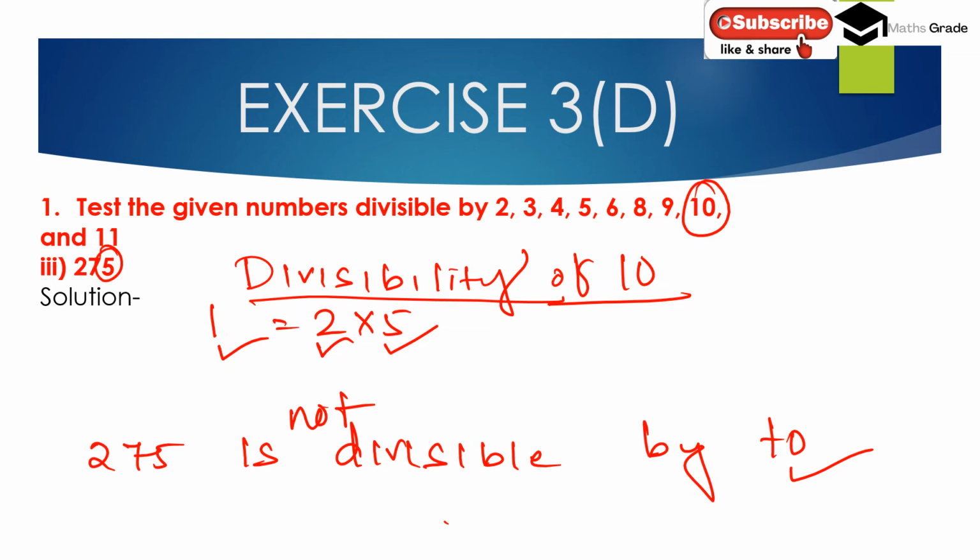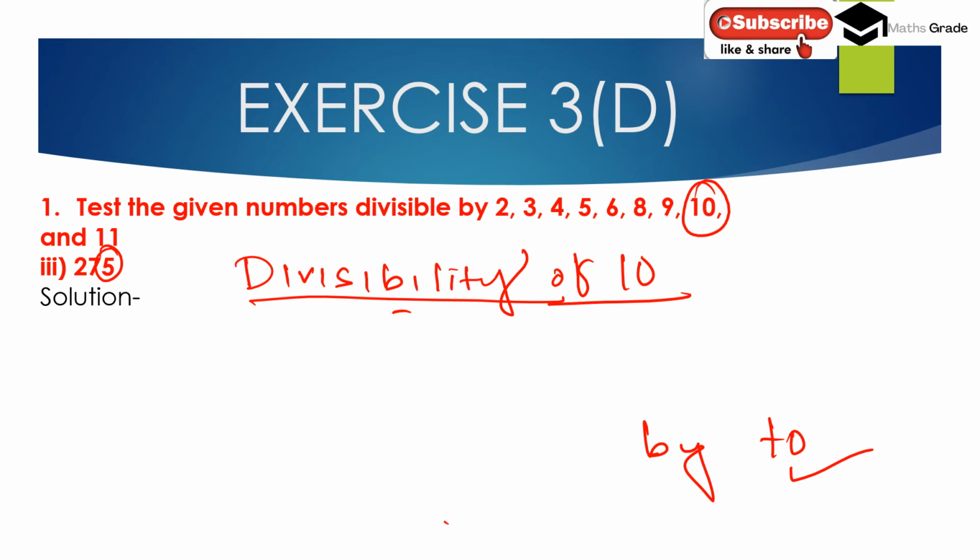Now we will check whether the number 275 is divisible by 11 or not. We know that if the sum of the digits at odd places and the sum of the digits at even places differ by 0 or 11, then the number is divisible by 11.